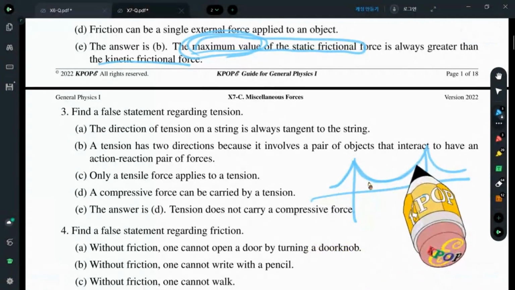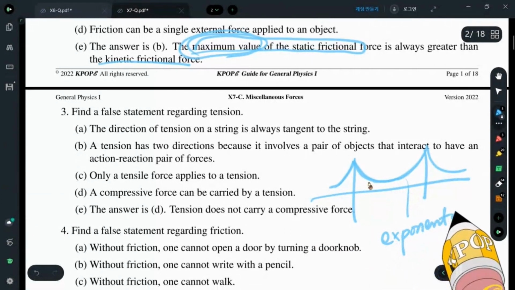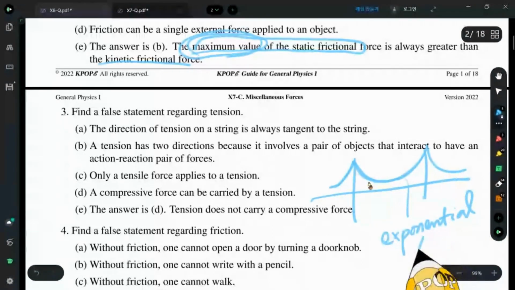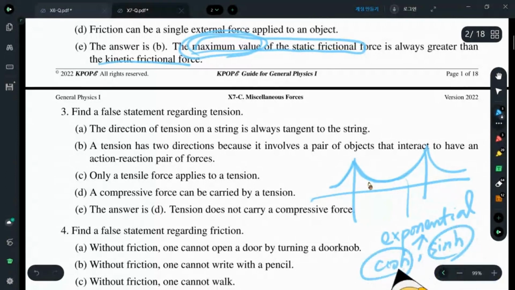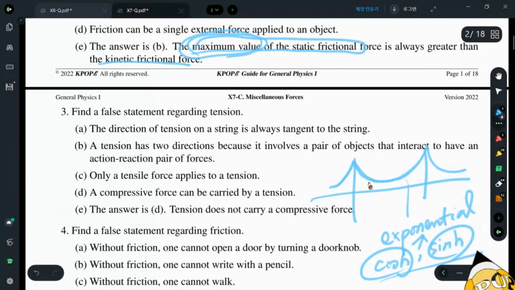However, if we consider that, it becomes an exponential function, composed of a cosine hyperbolic or sine hyperbolic. The general solution of the suspension bridge is this kind of function.